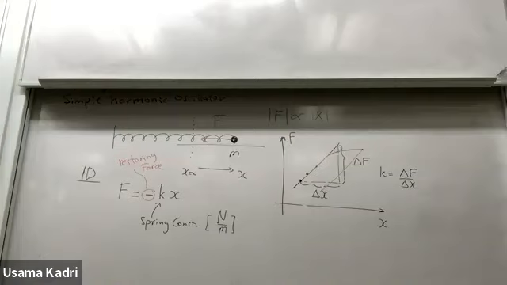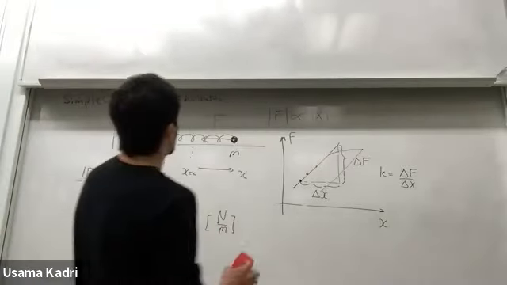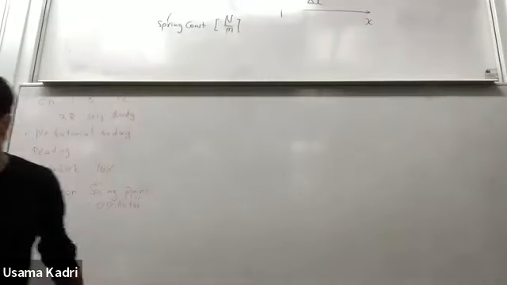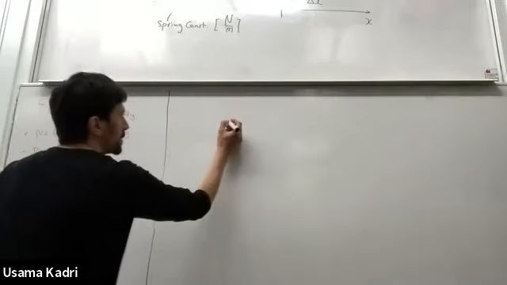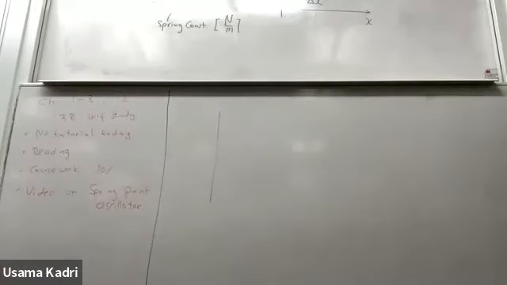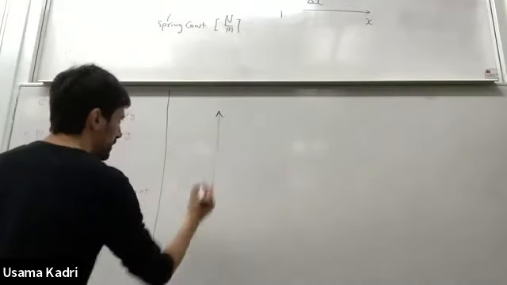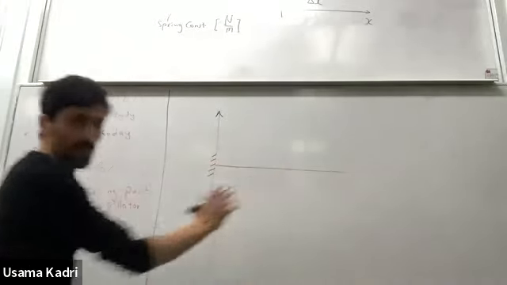Okay, let's see if we can also measure the spring constant in a dynamic way. So let's take a spring again on a table. This is the table, it's frictionless.